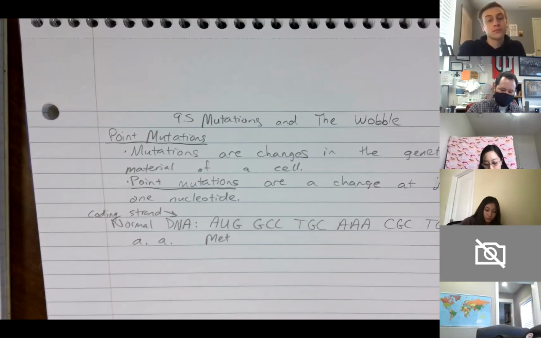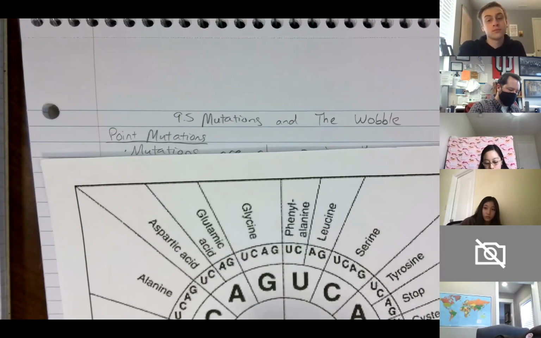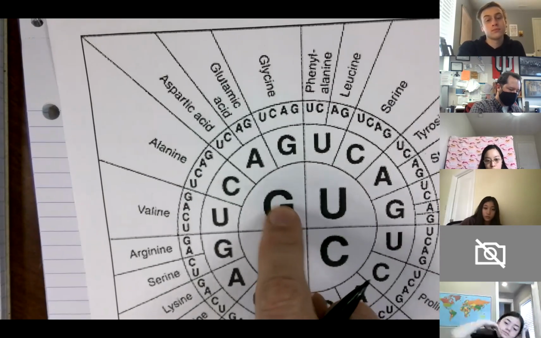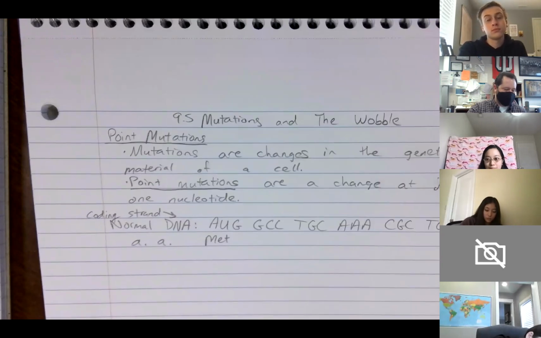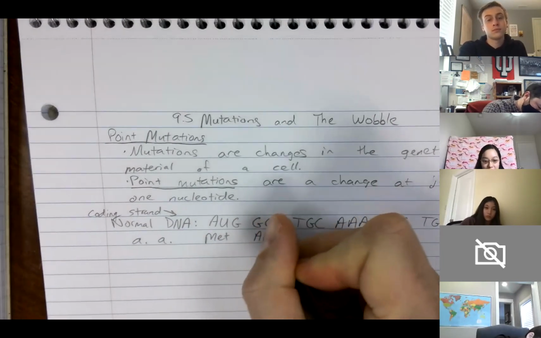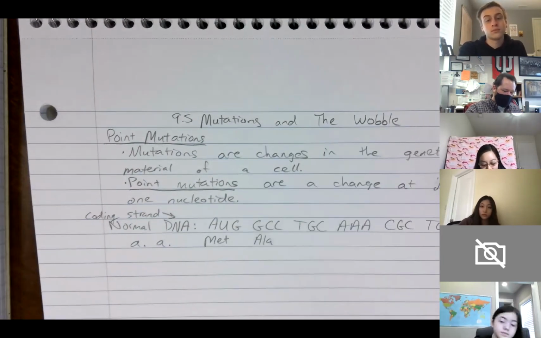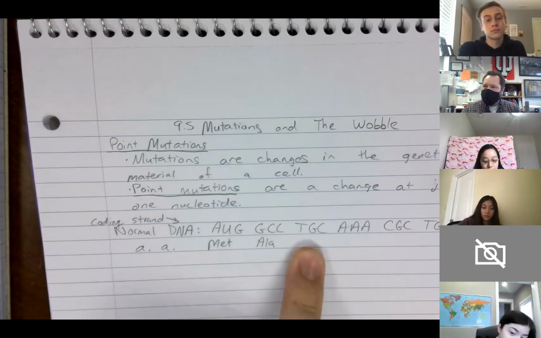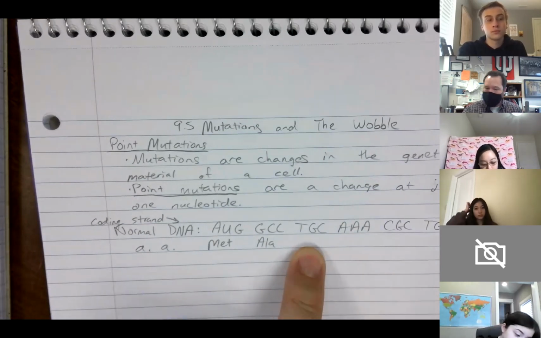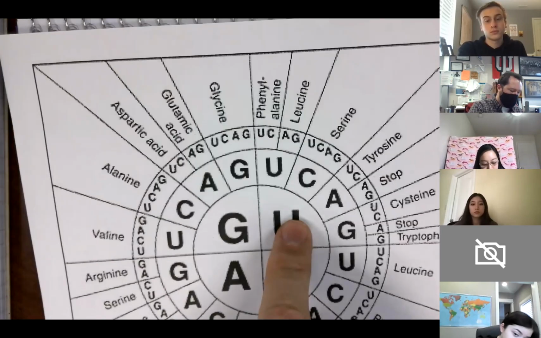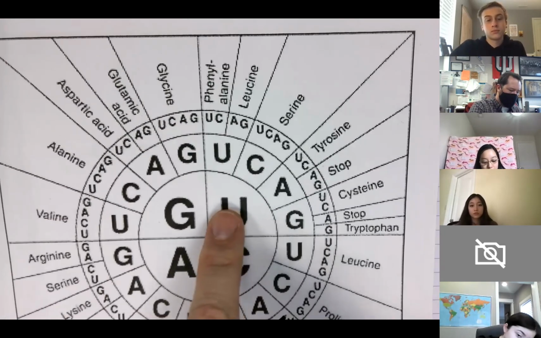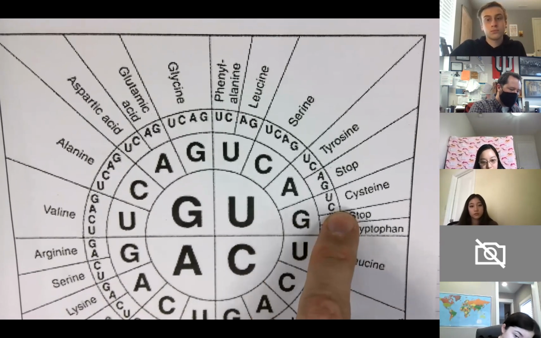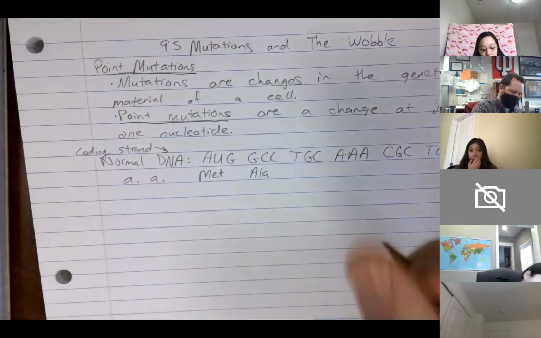GCC, alanine, my favorite. TGC. Again, in RNA, it should be a U, not a T, so we'll start with U. So U, G, C, cysteine.